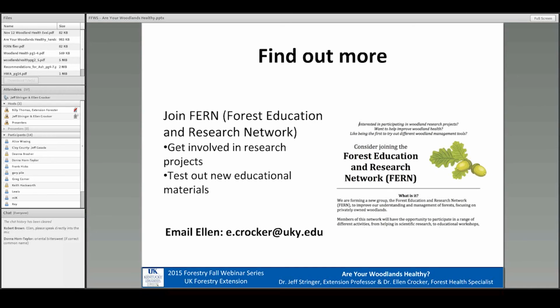Okay. So before we open it up to some questions, I just wanted to draw your attention to one of the files that Billy has placed there for you, the Fern Flyer. Fern is the Forest Education and Research Network.